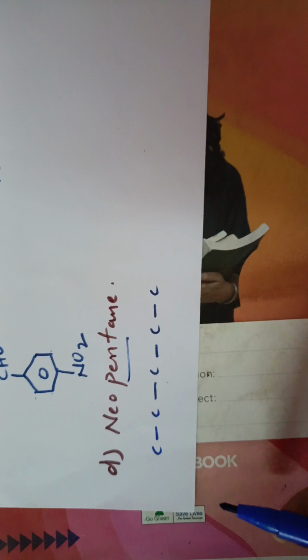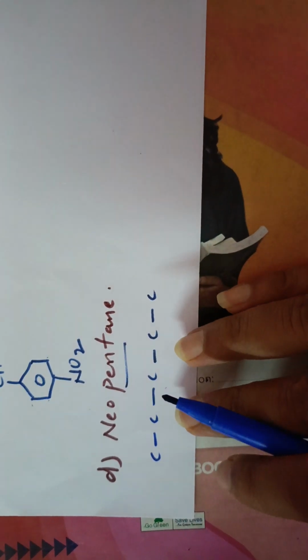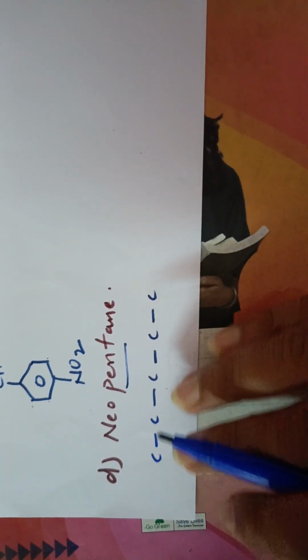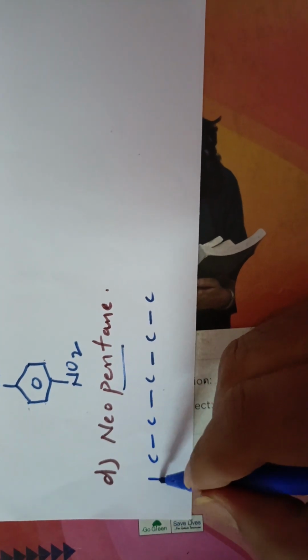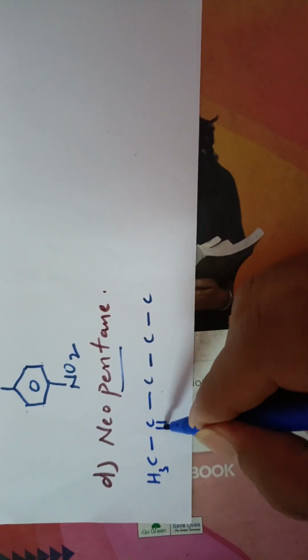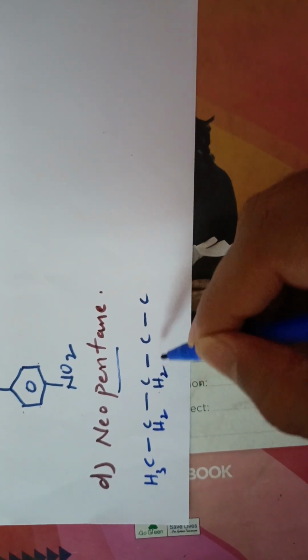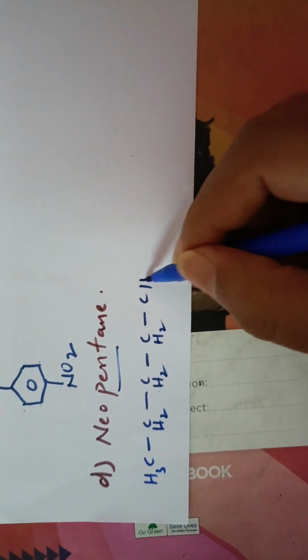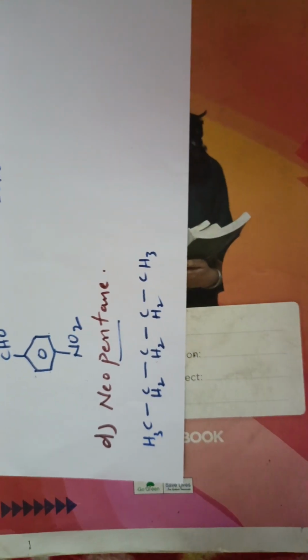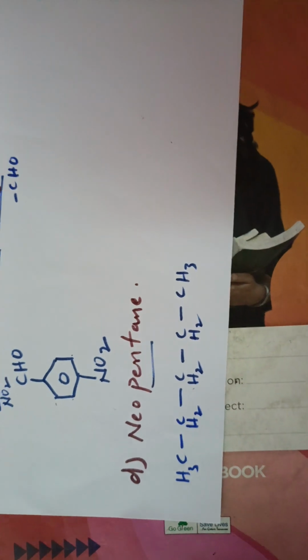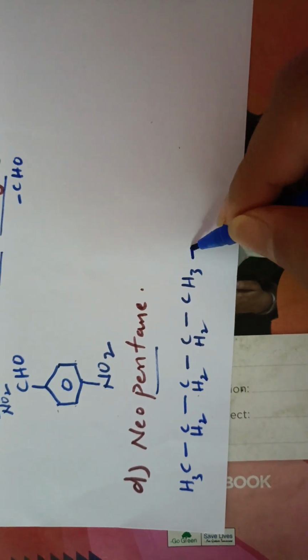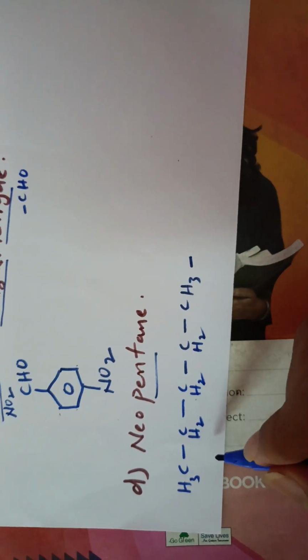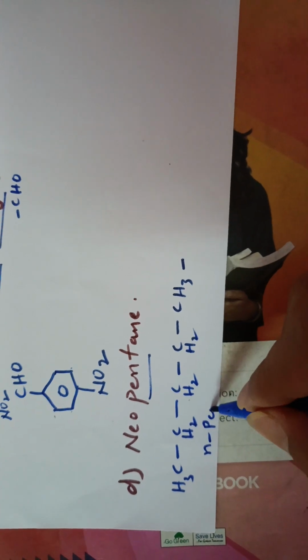These are the 5 carbons. Suppose all are single bonds, that means CH3, CH2, CH2, CH2, CH3. This molecule is called N-pentane. Simply this is called N-pentane.